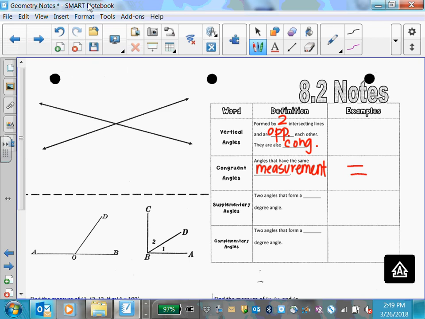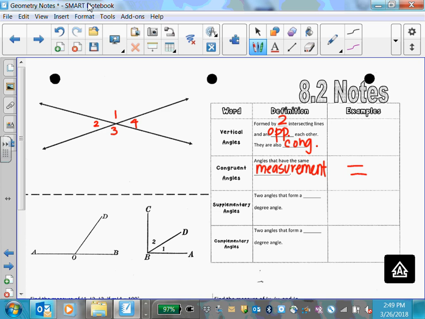So I'm going to number the angles in here. You can number them however you want, but I would recommend numbering them like this: 1, 2, 3, 4. Notice how I'm labeling right inside the angle. Vertical angles are congruent, which means if one is 100, the other one's 100.